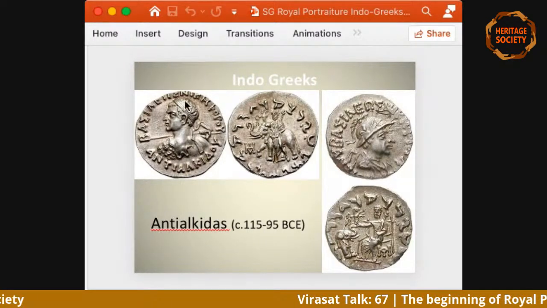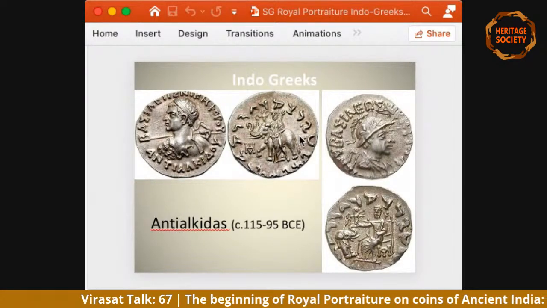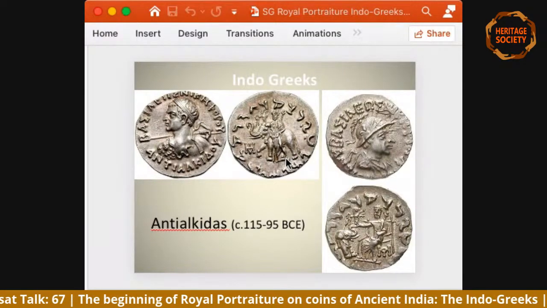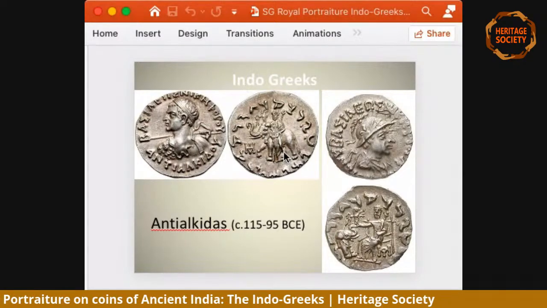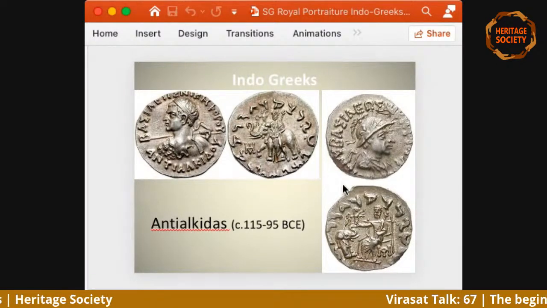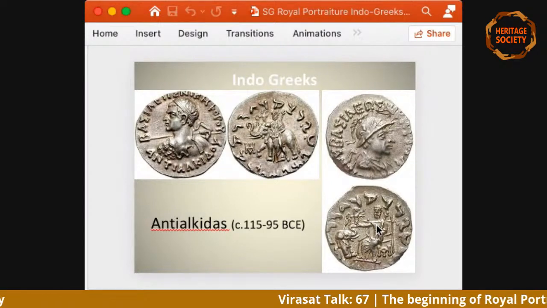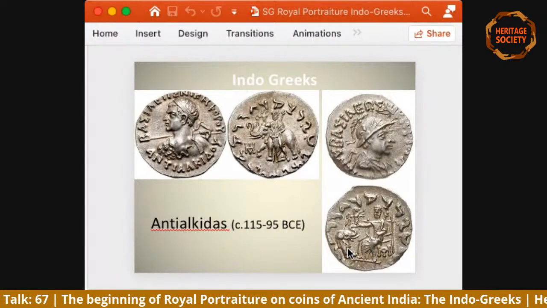And here we have seen this pose before. But what is important and very interesting here is that Zeus, who is the father of the gods, is shown riding an elephant, which is unthinkable in the Greek tradition. And again, on another coin, Zeus is seated on a throne and feeding an elephant.